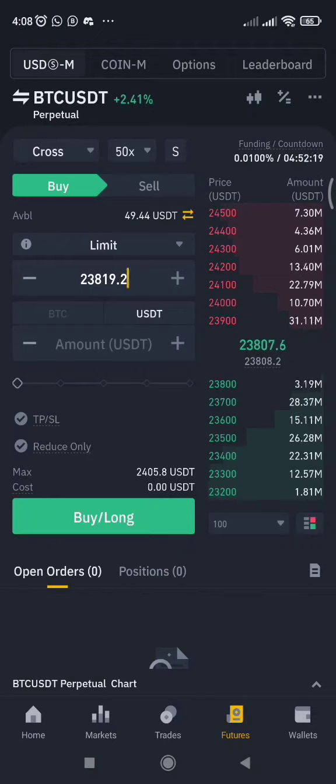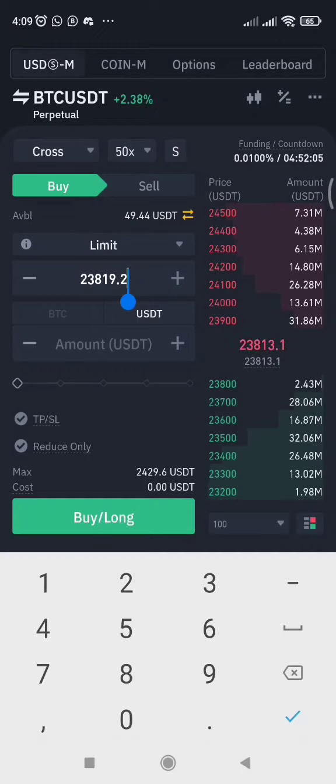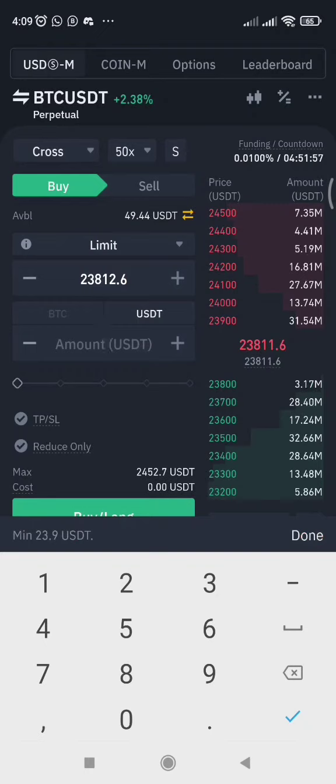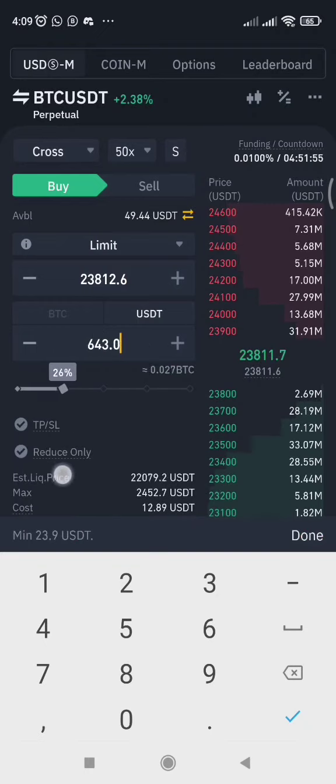Now we are meant to buy long. So BTC current price is at 23,813. You can actually try to adjust the limit just like in spot, and choose your margin.